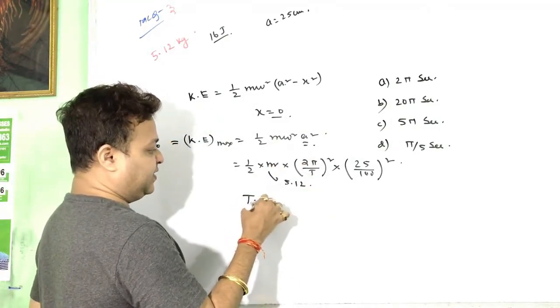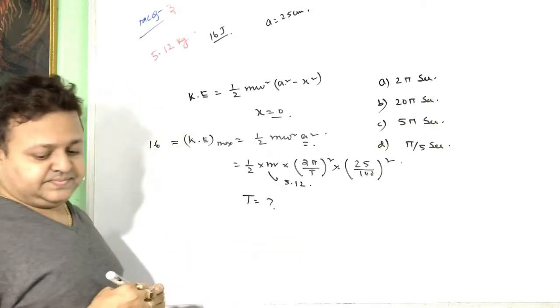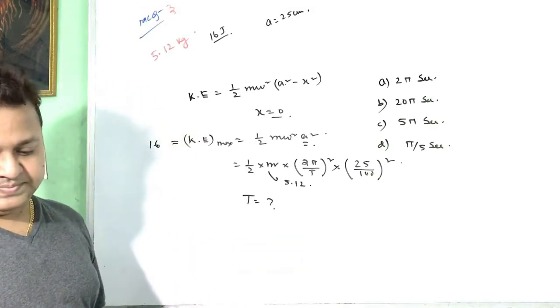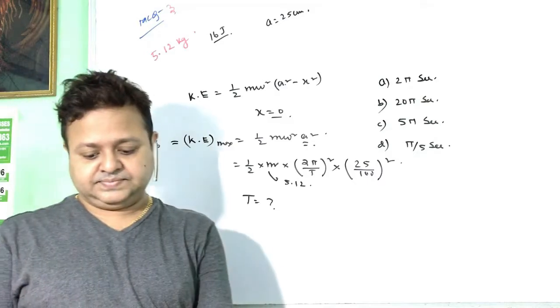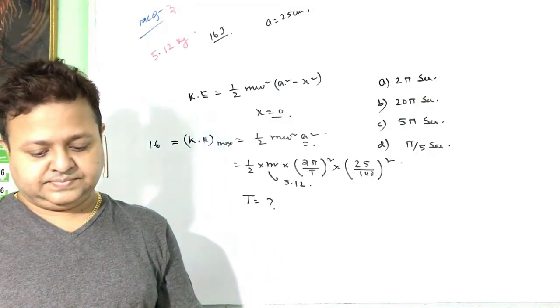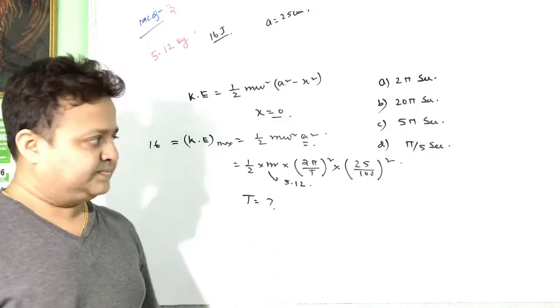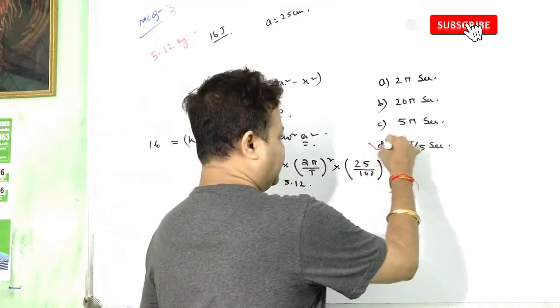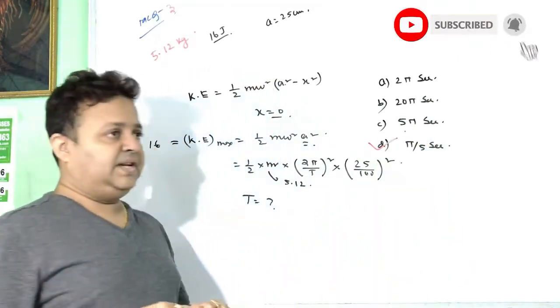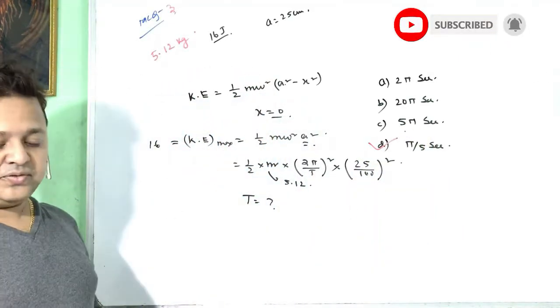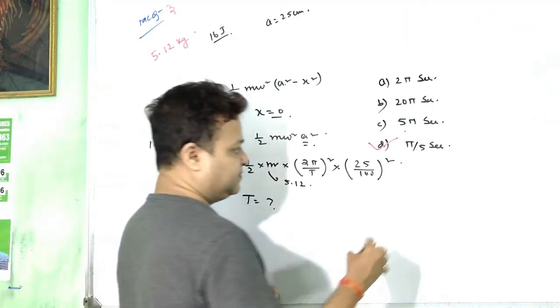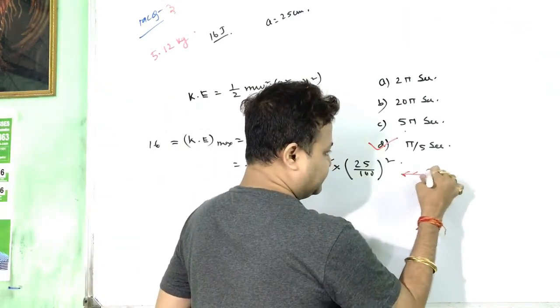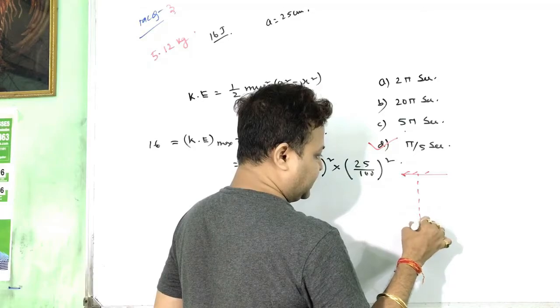You can find the time period. Mean position means x equal to 0, this is the mean position.